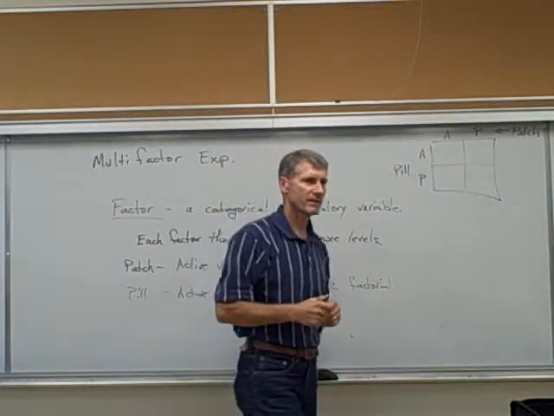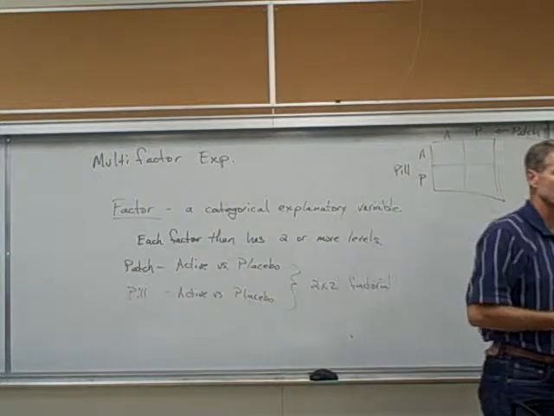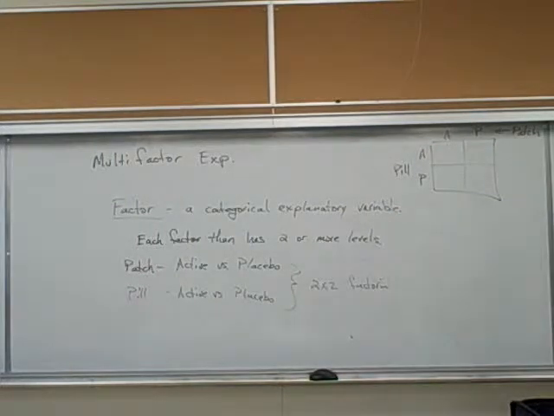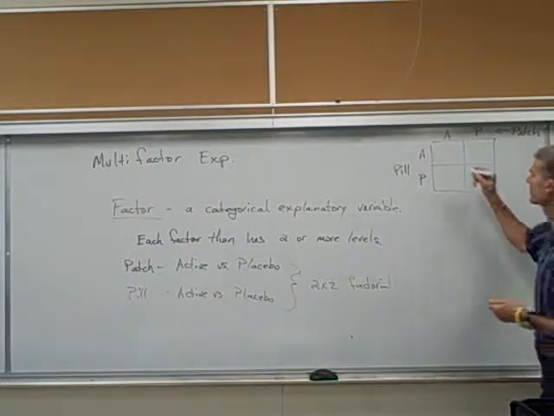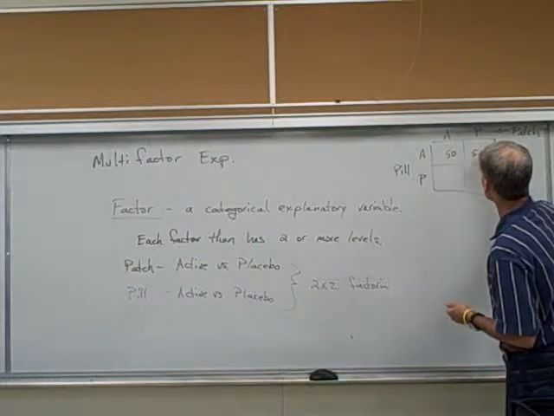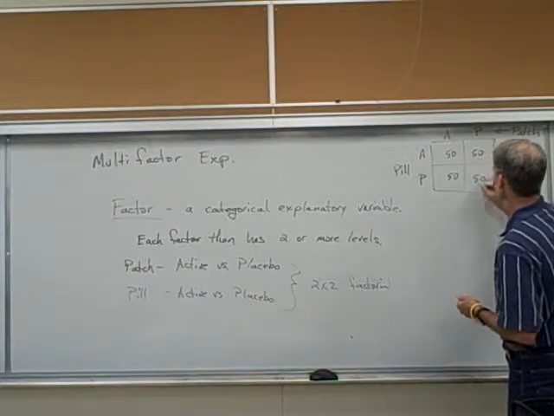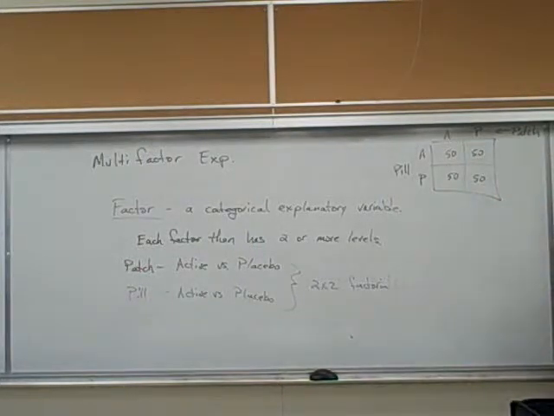And let's say I have 200 people total to randomize into my study. If I decide to randomize them evenly, I might put 50 people on each of these 4 treatment combinations. So here's 50 people who got active pill and active patch.